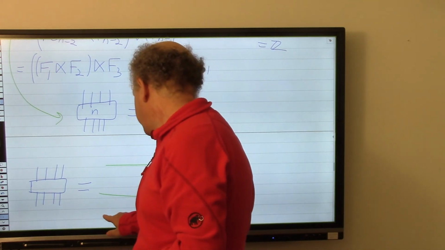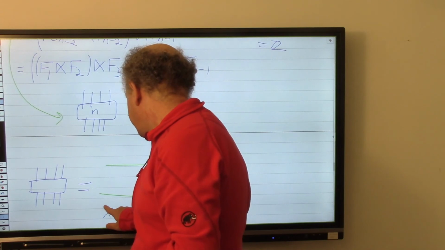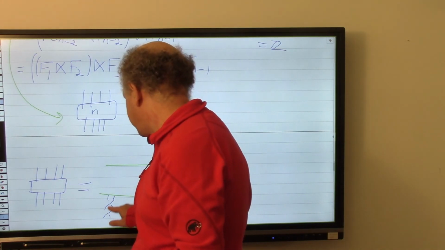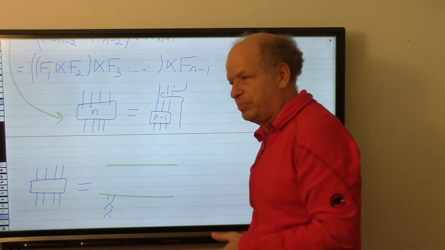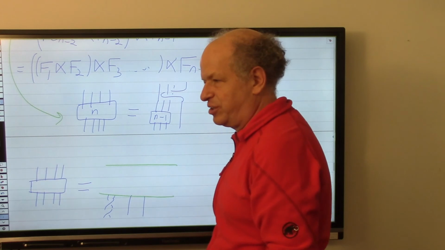So on the first step you see a number of twists. I wrote only one, but there could be any number, and then the remaining 2 strands are fixed.